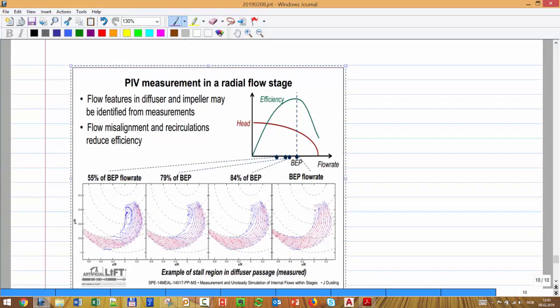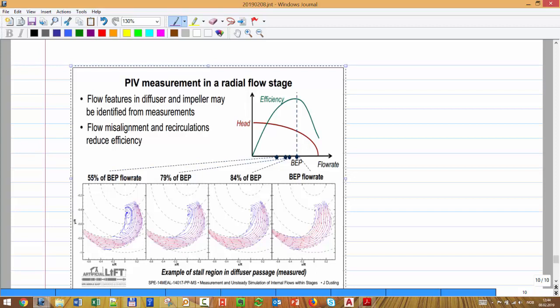So the reason why you have this decline in efficiency: here is the rate, right? You have your best efficiency point, and then you're reducing the rate. The blades, the passage from the center all the way to the end, are made for a specific rate. If you have the best efficiency, you see the flow lines follow exactly the passage, no recirculation. When you start reducing the rate, the flow enters in a different direction.